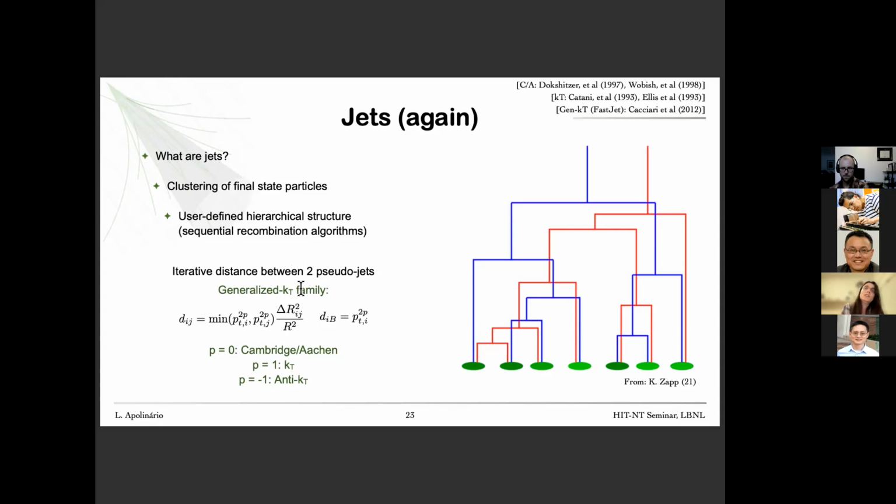We are also very familiar with anti-kT, when p equals -1, which is the jet clustering that we use to actually tag jets in our events. But we can also use p equals 1 or p equals 0.